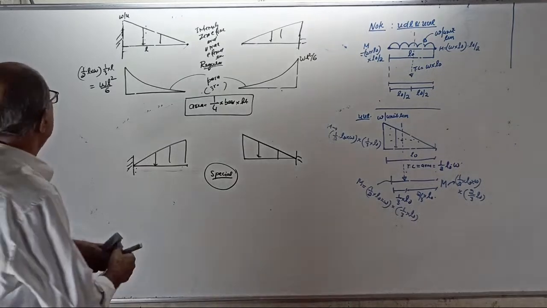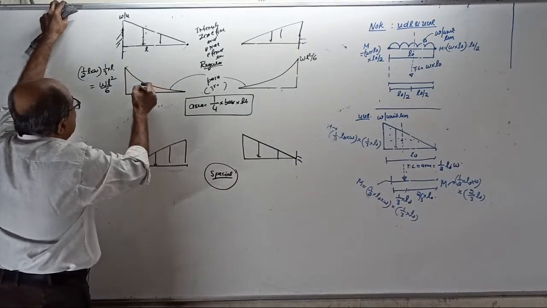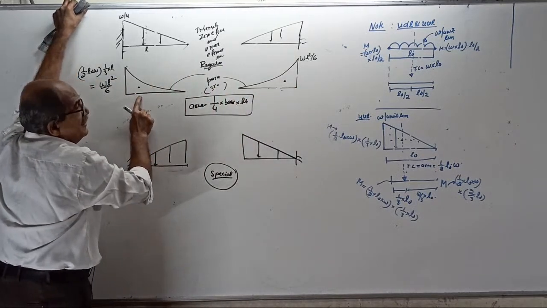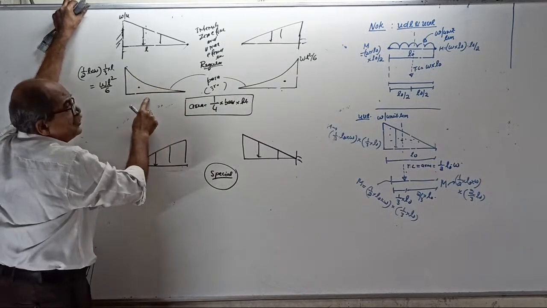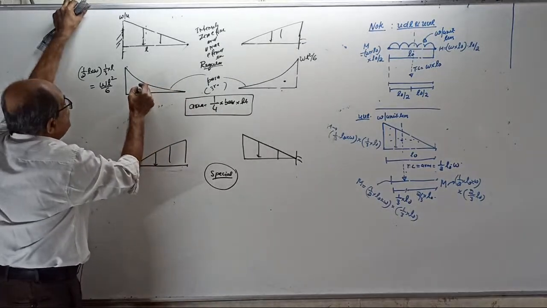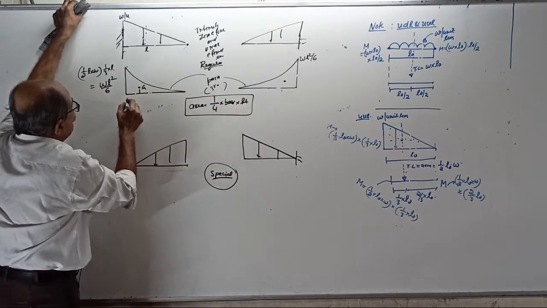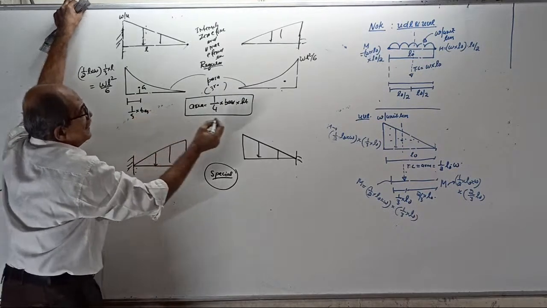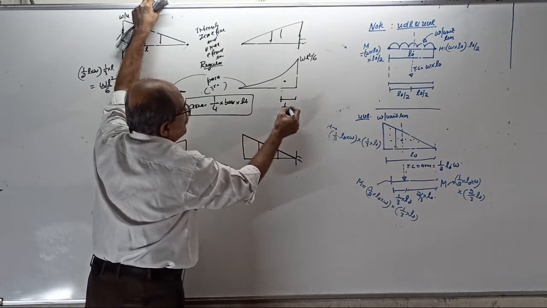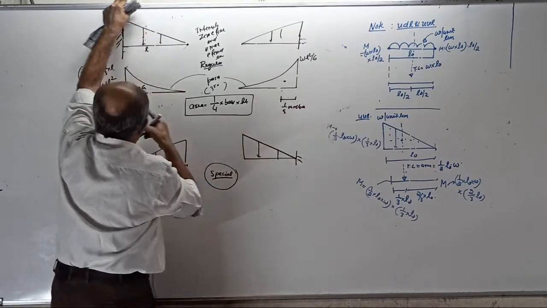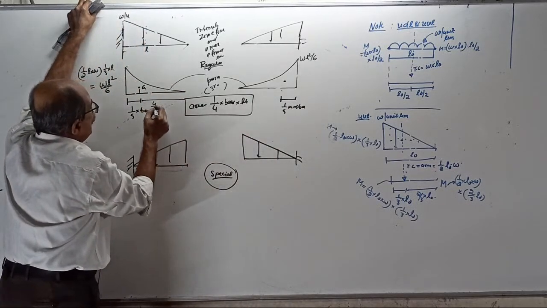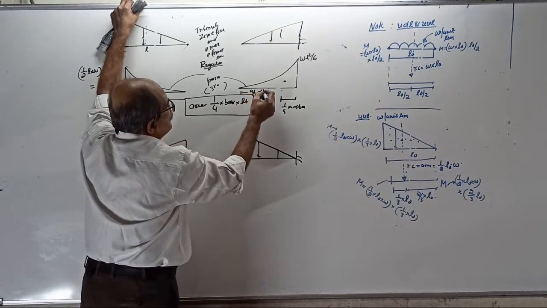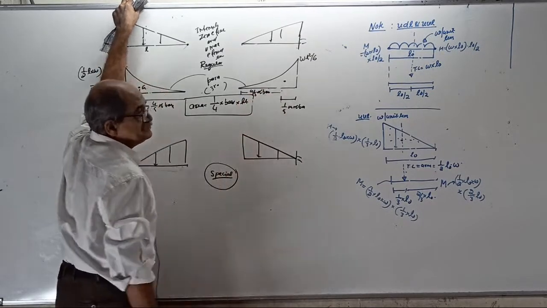Now CG. If it is a triangle, the CG is 1/3. If it is a second degree parabola, 1/4. Now it will be further closer: not 1/4 but 1/5 of base. This is 1/5 of base, so this other side will be 4/5 of base.